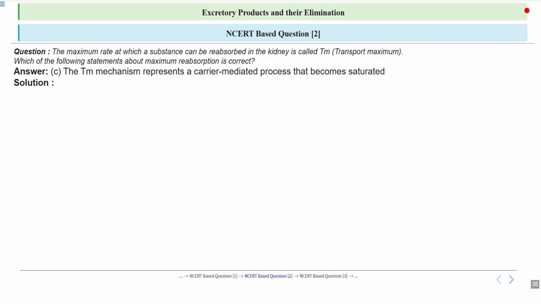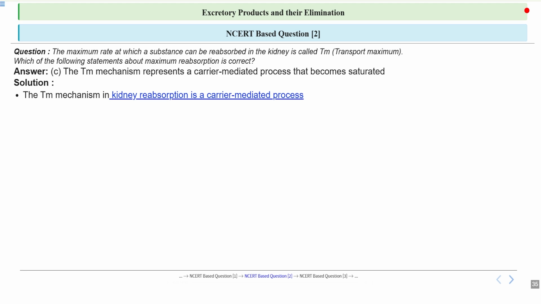The answer is option C, that is, the TM mechanism represents carrier mediated processes that become saturated. TM mechanism in kidney reabsorption is a carrier mediated process that we have already talked about. Think of these carriers as specialized workers or trucks that move substances across the kidney cells.